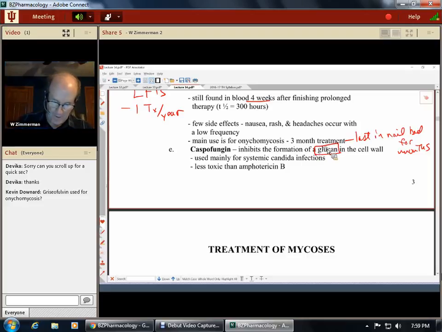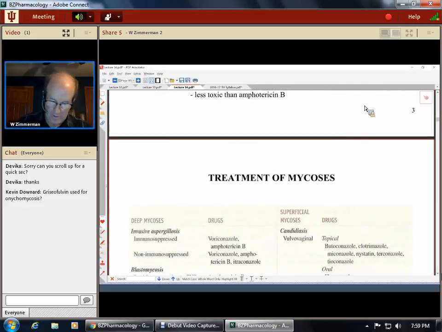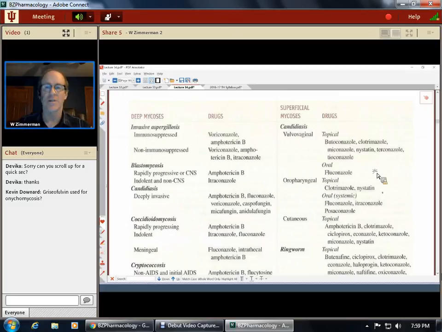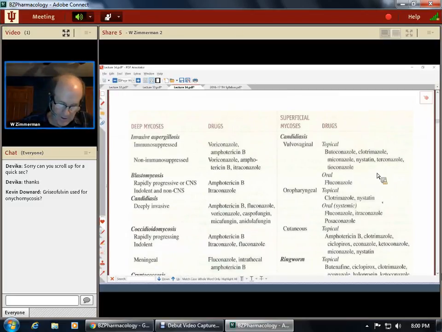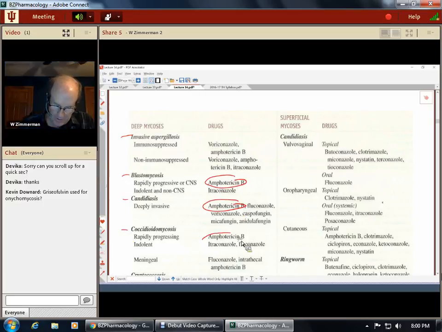So this next page is your information only, you guys. I mean, this would be hideous. But let's look at the various infections. Aspergillosis, blastomycosis, candidiasis, coccidiomycosis. Notice how amphotericin B keeps coming up here.